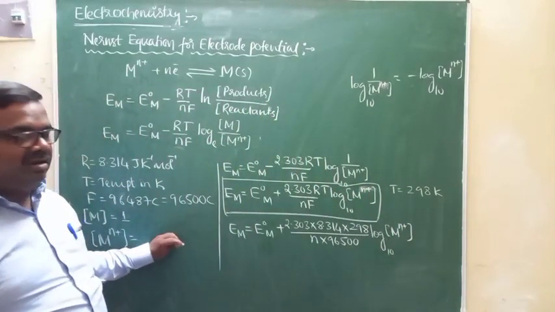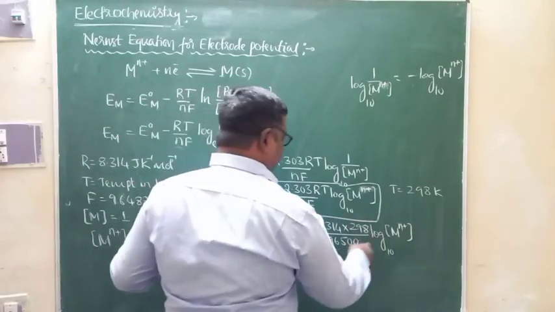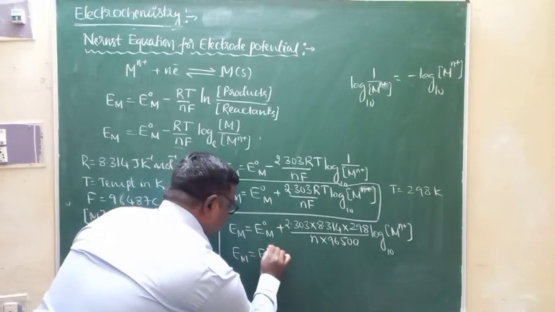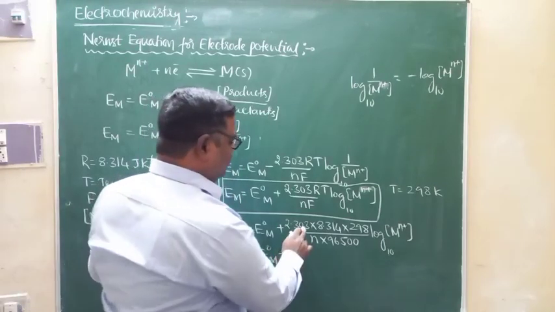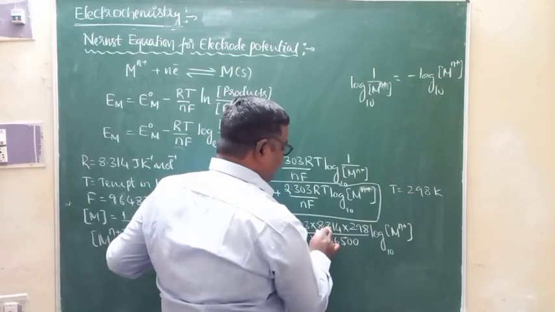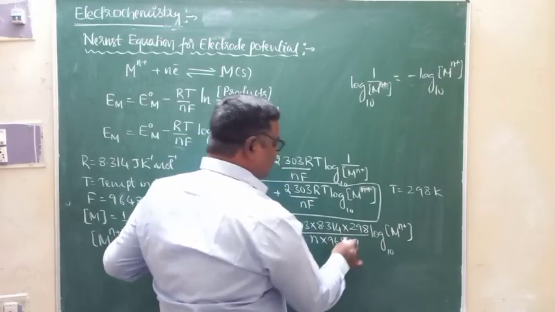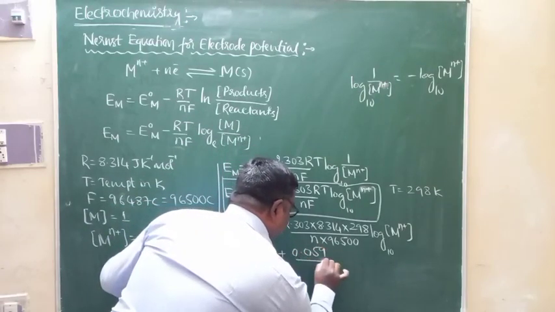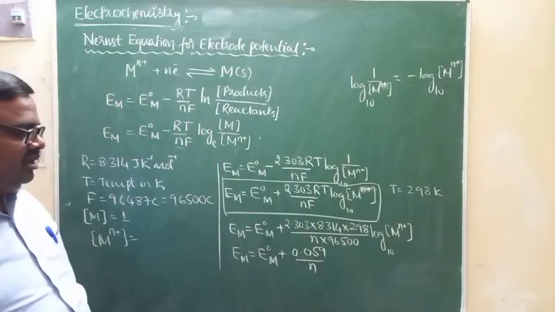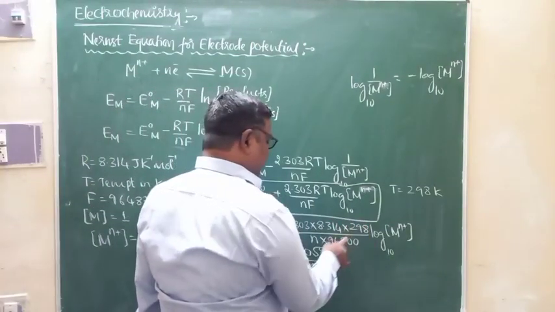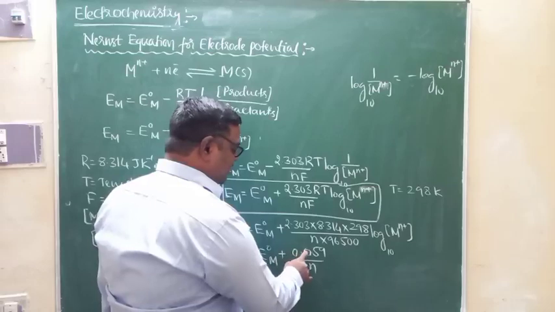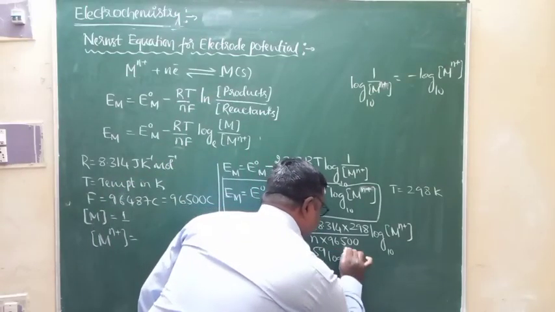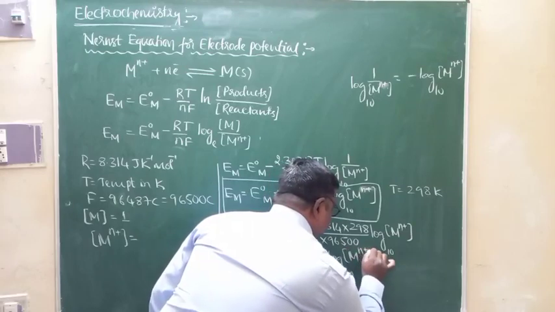I substituted R as 8.314, temperature as 298 kelvins, and F as 96,500 coulombs. Simplifying, multiplying the numerator and dividing by the denominator, it will be 0.059 divided by N, log to the base 10 of the molar concentration of metal ion.